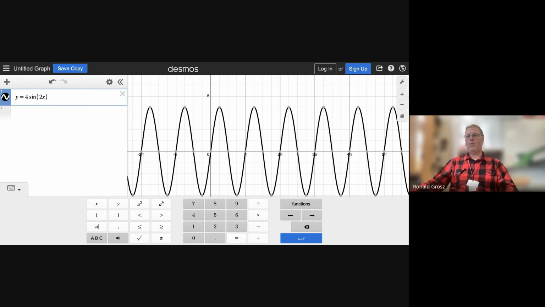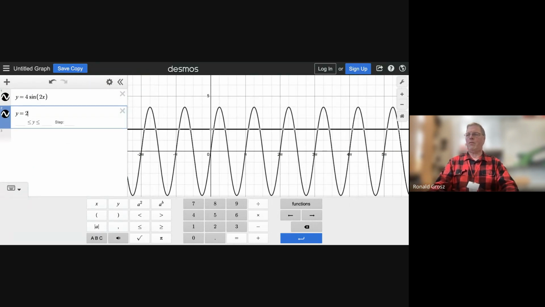I want to find out when this value equals 2. I can now find points on the graph where it equals 2: 5 pi over 12, 13 pi over 12, 7 pi over 12. Hopefully, it will give me a multiple choice where it's easier to find.